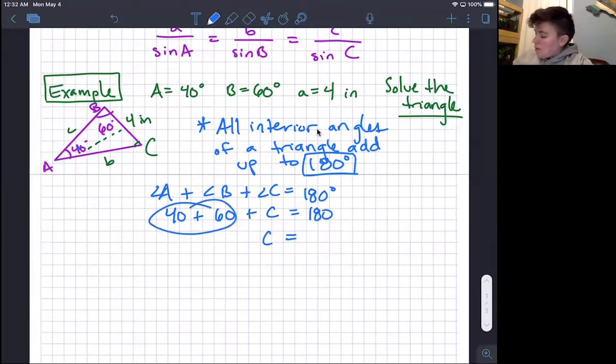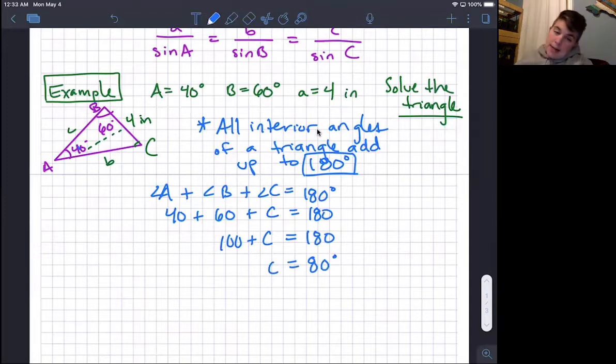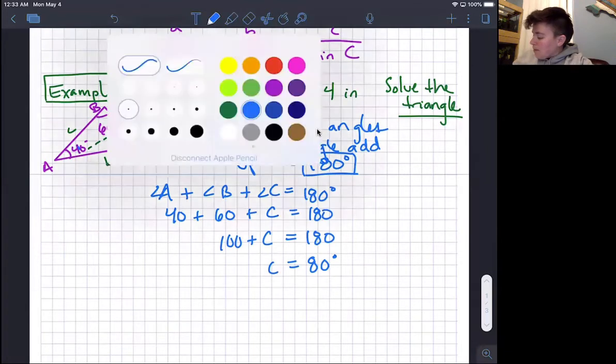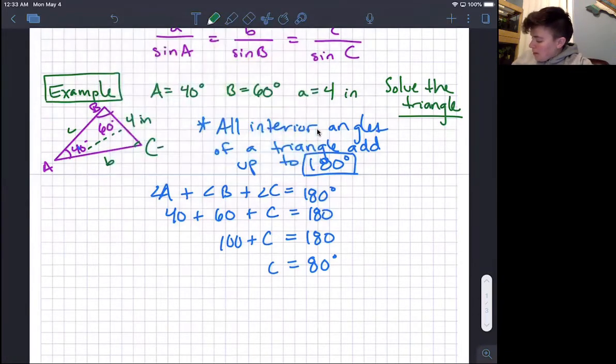So those two together are 100. So C must equal 80 degrees. Please note how not to scale my triangle is at all, and that's totally fine. So let me get back up here and say, all right, that's 80 degrees. Cool. Look at that. Oh my gosh, we have 1 out of 3 things done.